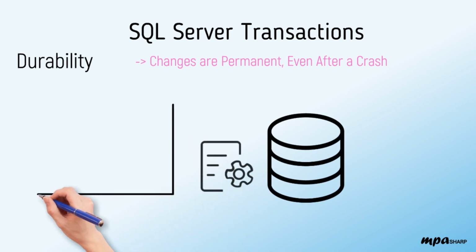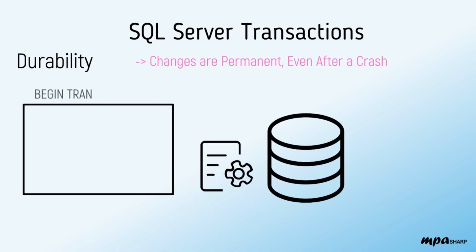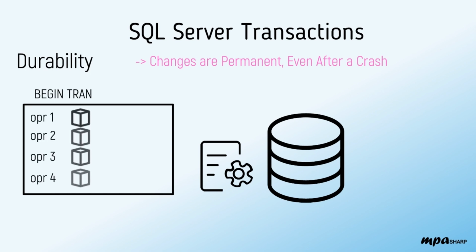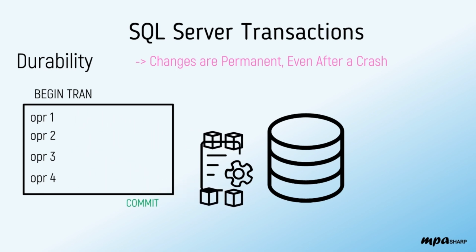In SQL Server, when you commit a transaction, SQL Server ensures that the record of the transaction's changes is written to the transaction log first. This process is done very efficiently and fast, so there is very little chance of failure during log writing time.